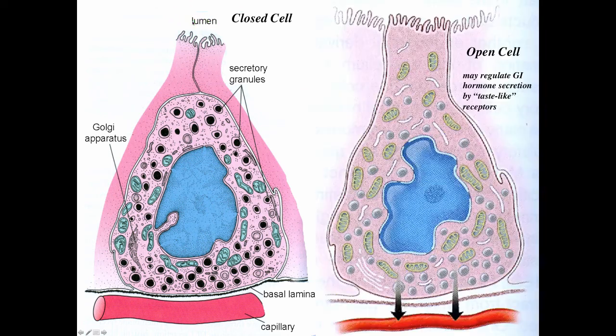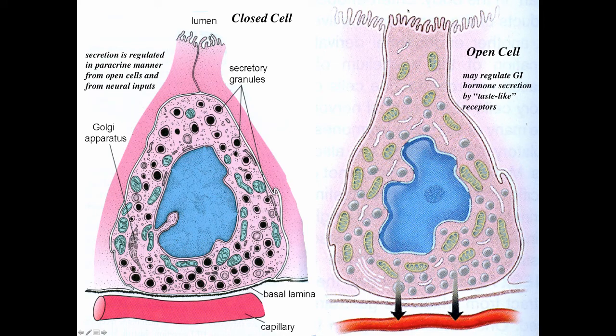Now, this cell would be a cell that we call a closed cell. There are some cells that are called open cells. They are also thought to be enteroendocrine cells, but their apical boundary does reach the lumen of the organ, and these cells may function to regulate hormone secretion by the other endocrine cells, and it's thought they may actually have taste-like receptors on these surfaces.